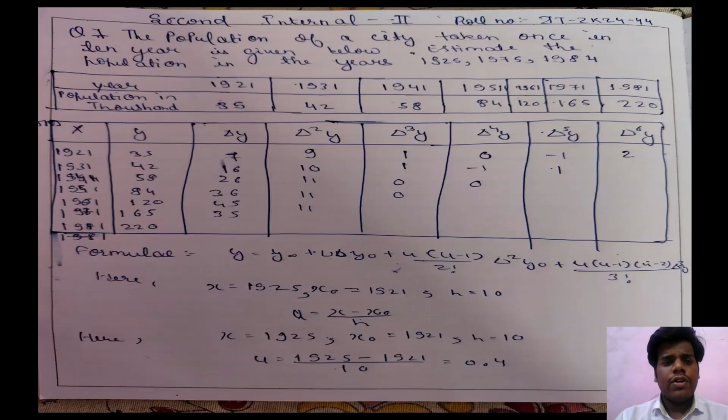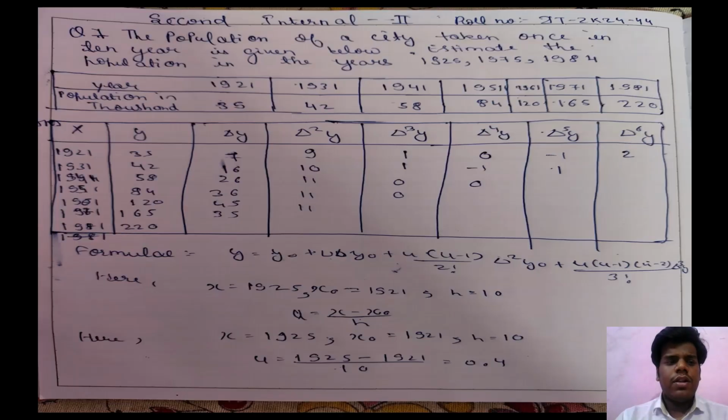In 1921, 35,000; 1931 is equal to 42; 1941 is equal to 58; in 1951 is equal to 84 and 1961 is equal to 120; 1971 is equal to 165,000 population and the last one, 1981, is equal to 220,000 population.